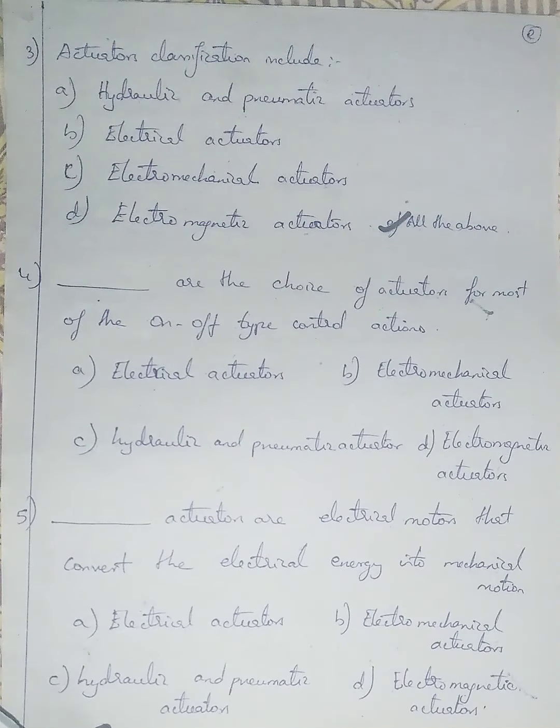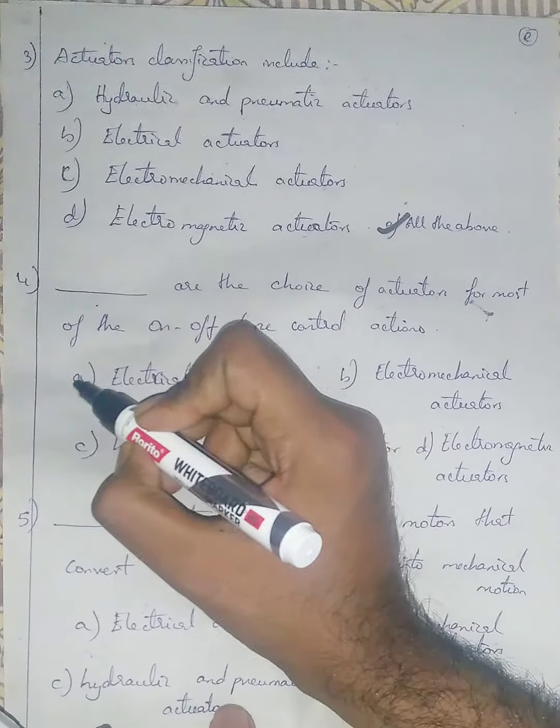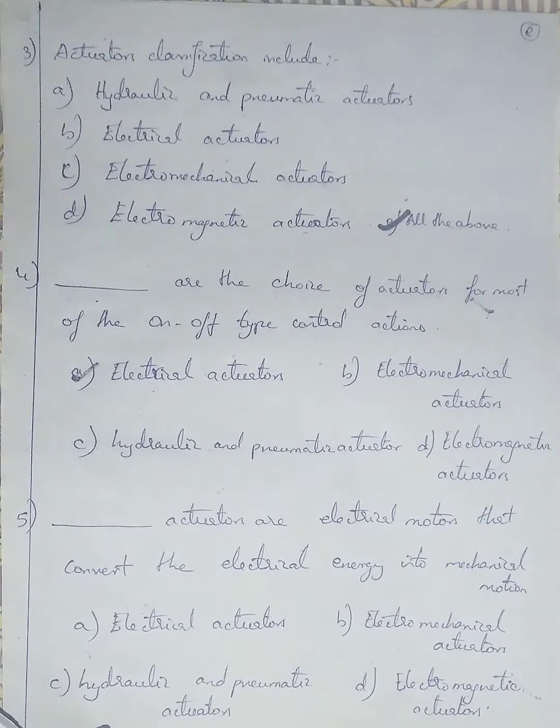Option C, hydraulic and pneumatic actuators, and option D, electromagnetic actuator. For on-off type, we'll be going with electrical actuators, because for on-off conditions electrical actuators are easier, a simple mechanism. So we are going with option A, electrical actuators, for on-off control actions.